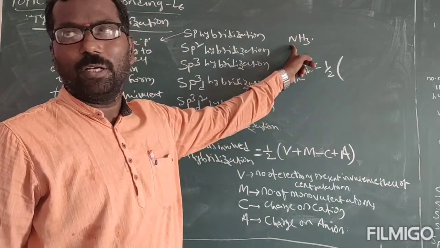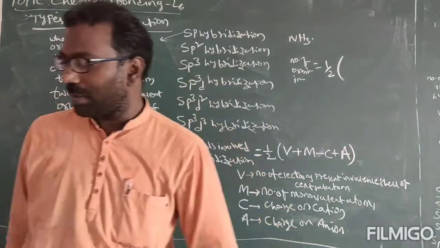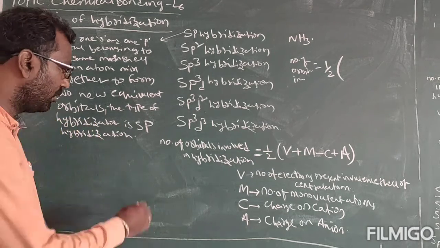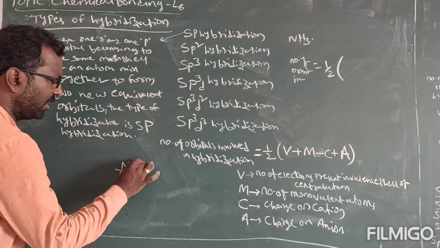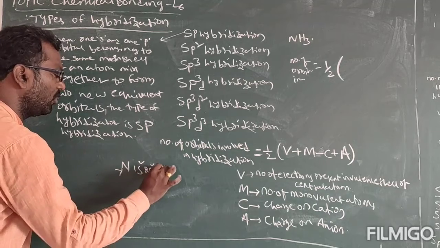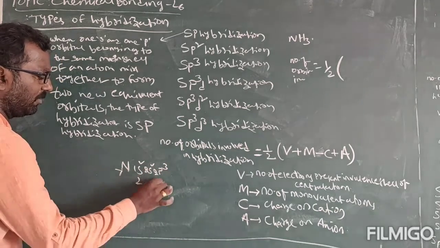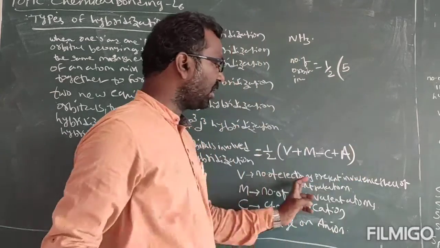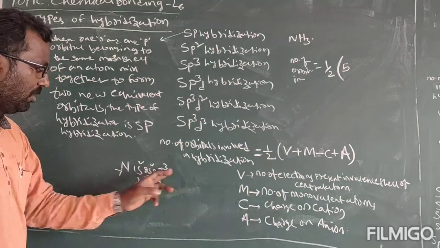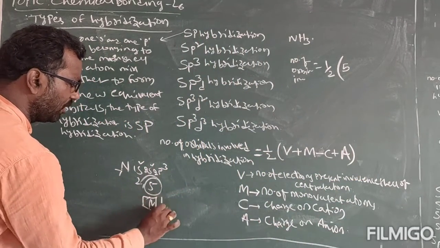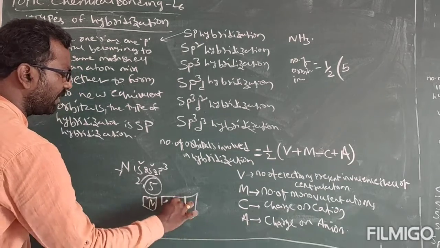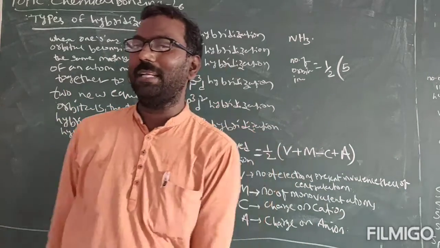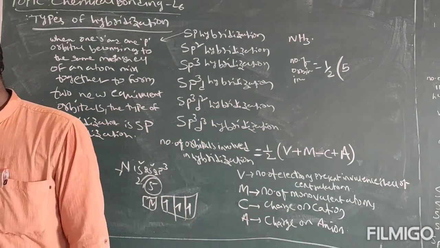Nitrogen. Nitrogen is 7, 1s2, 2s2, 2p3, so 2 plus 3, 5 electrons in the valency shell of nitrogen.